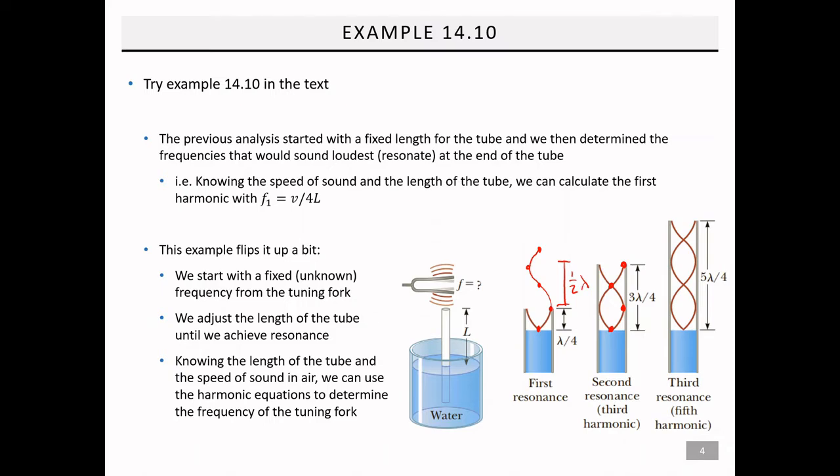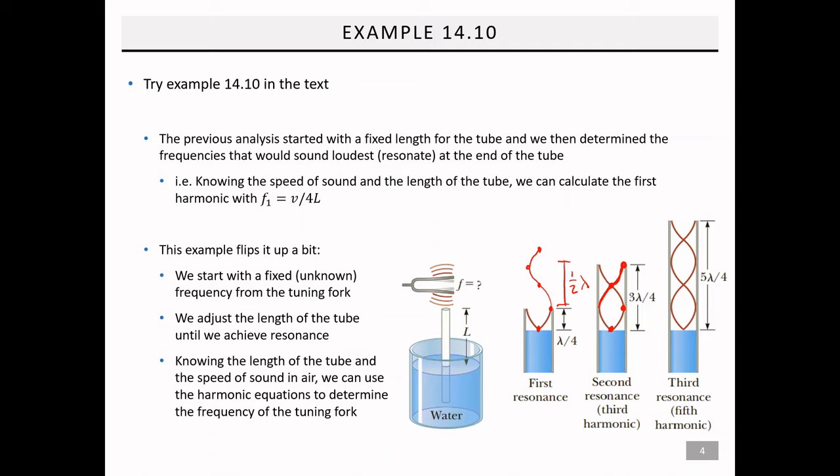The difference between the first and second resonance pictures is this part of the wave right here, and that part of the wave is equal to 1/2 of the wavelength. So the second resonance tube is 1/2 a wavelength longer.